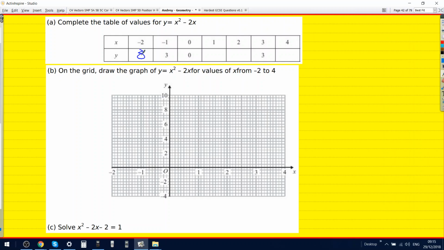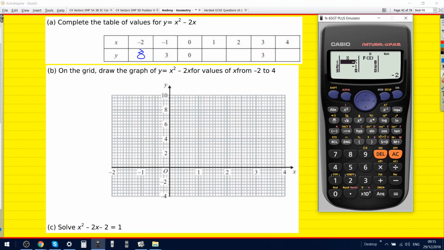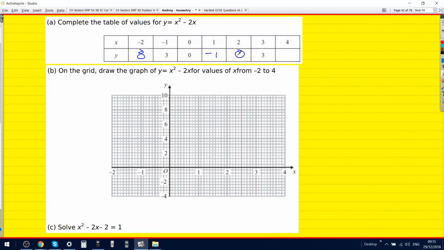Yeah. Is this the bit where I just do y equals x squared minus 2x minus 2? Oh no, is this an easier one because I just need to draw the line across for y equals 1?